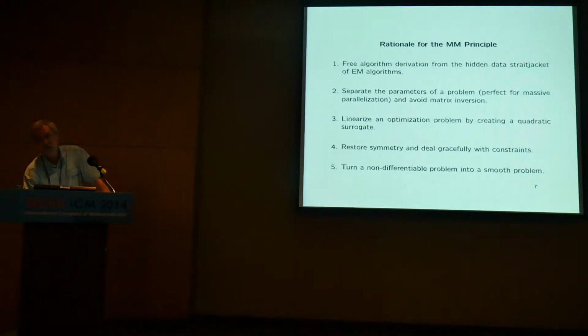So it's perfect for massive parallelization problems. You can linearize an optimization problem by creating a quadratic surrogate, and I'll show you one in a moment. You can restore the symmetry and deal gracefully with constraints, and you can deal with whole classes of non-differentiable problems. So there's quite a few good reasons for passing to this paradigm.